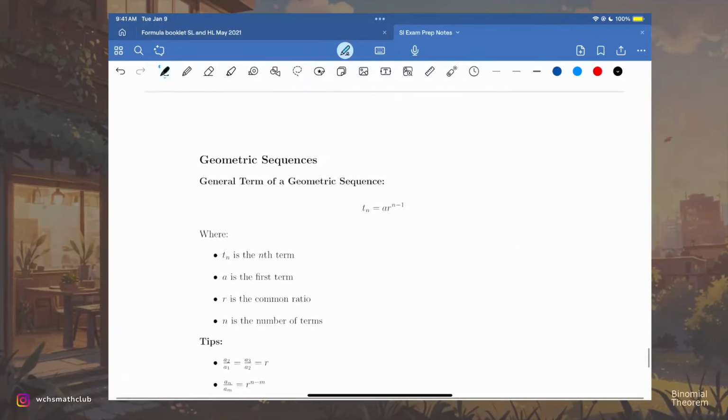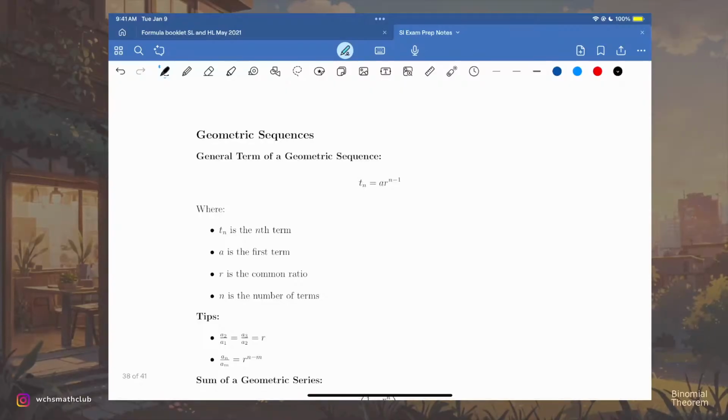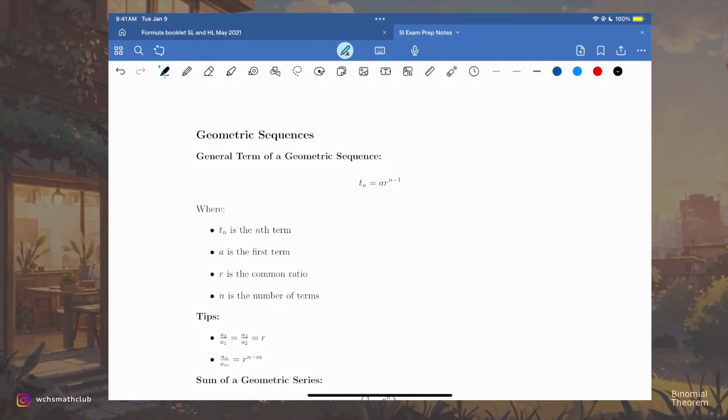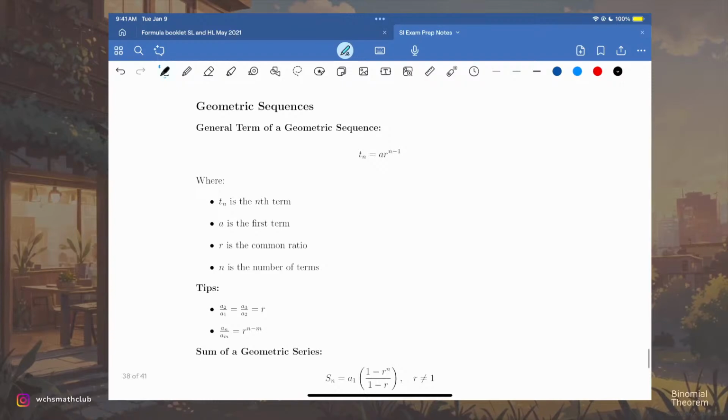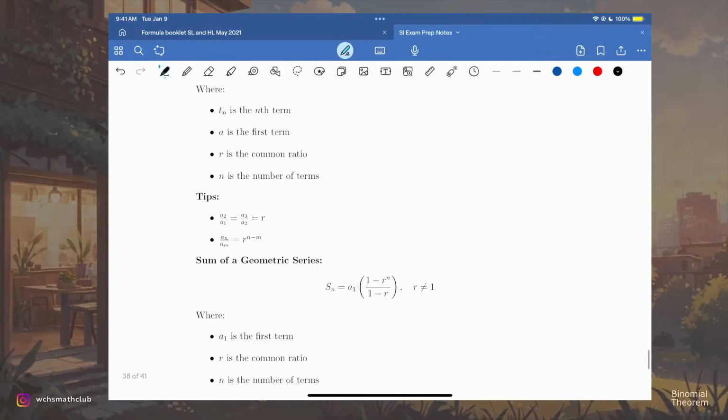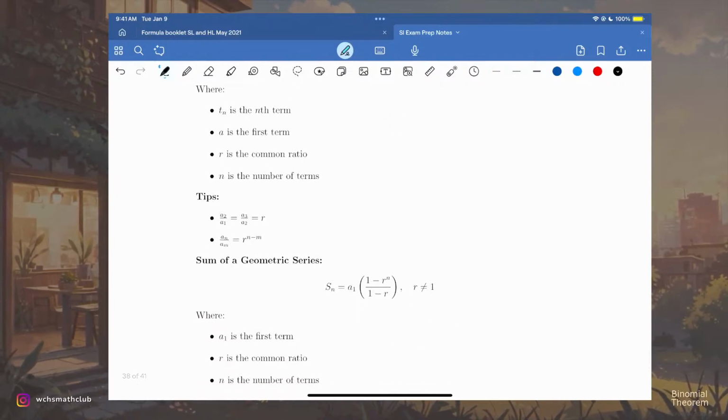Alright, let's next move on to geometric sequences. The general term of a geometric sequence is Tn equals a times r to the power n minus 1, where a is the first term, r is the common ratio, and n is the nth term. A tip for this is that a2 divided by a1 equals a3 divided by a2, which equals r, the common ratio.